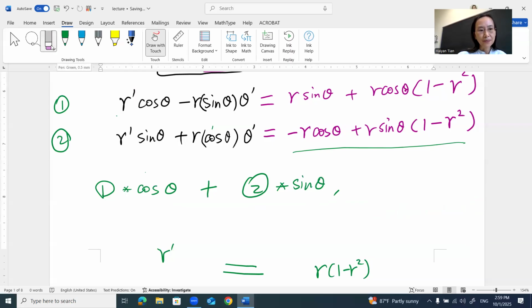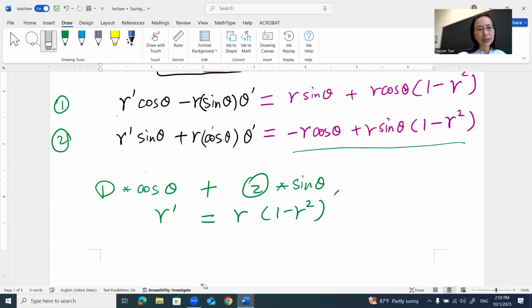So let's write, which is this one, r prime equals r times 1 minus r squared. Now, how can we eliminate r prime? We want to get another equation. That is, the second differential equation will have something like this. The theta prime equals something, right?